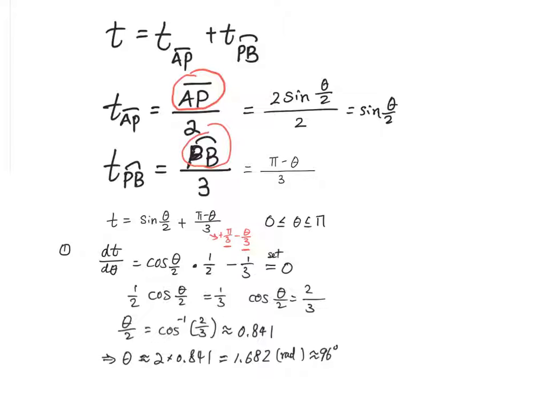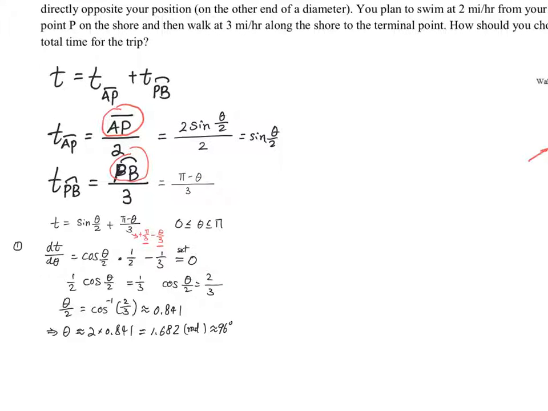Now, we are not yet done. We just found the critical points. Secondly, the last step, we want to minimize the time, which means we need to find the minimum time. So we need to check the time at the point 0. Why 0? Because this is a closed interval and 0 is an endpoint and pi is an endpoint as well.